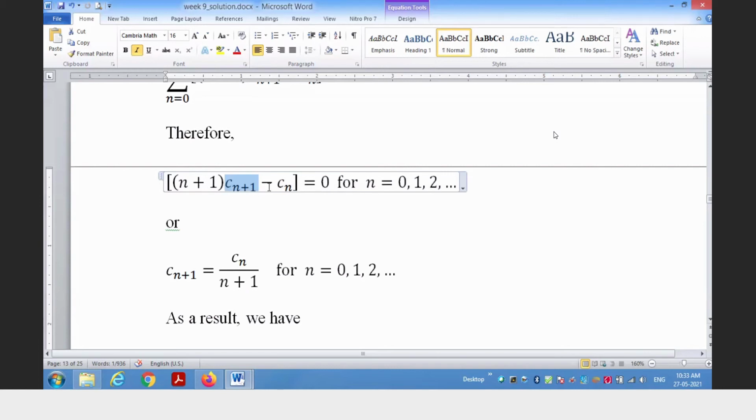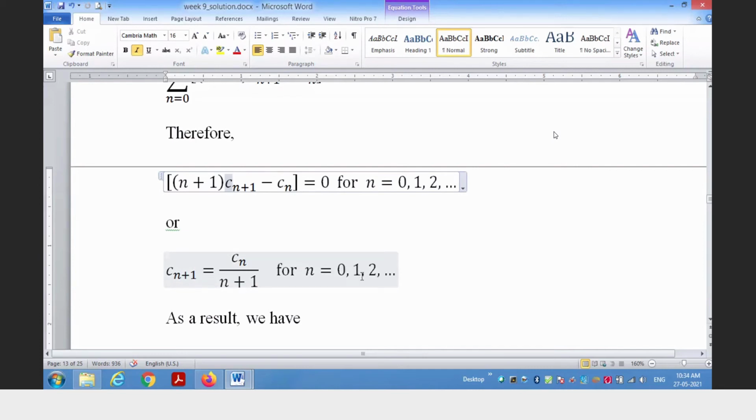So c(n+1) will be cn over n plus 1, for n equal to 0, 1, 2, and so on.